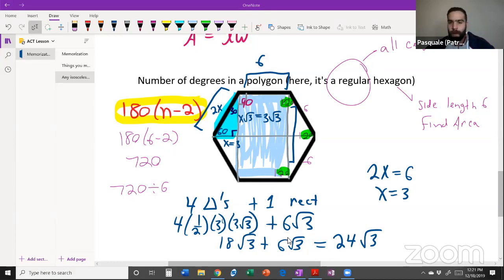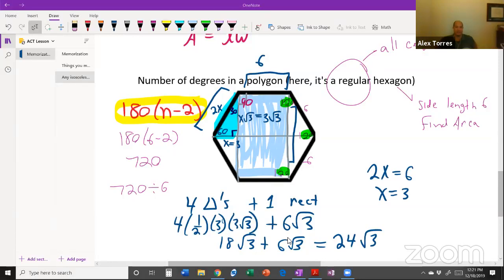Back to what we're talking about here, this particular 30, 60, 90 situation: are there any other regular polygons that it would apply to, or are you just saying in general, break it down, drop the perpendiculars? The hexagon is special. You'll see this applying to the hexagon more often than anything else because it's such a special shape, because when it breaks down, you get the 30, 60, 90 triangles.